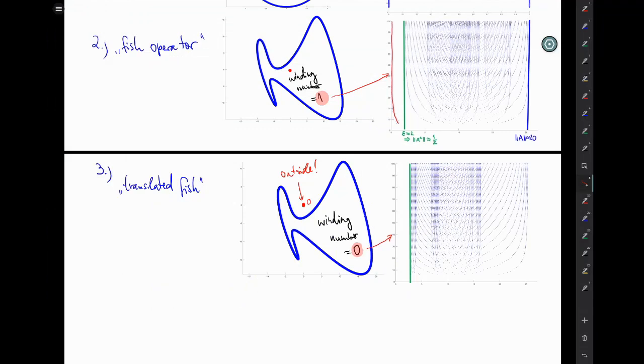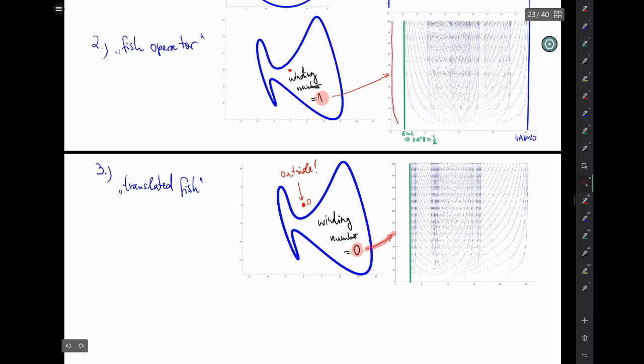So in this third example, we translated the fish by essentially just changing the 0th Fourier coefficient a little bit so that the main diagonal entry of my convolution operator gets changed. And then 0 is now outside, so the winding number is now 0.